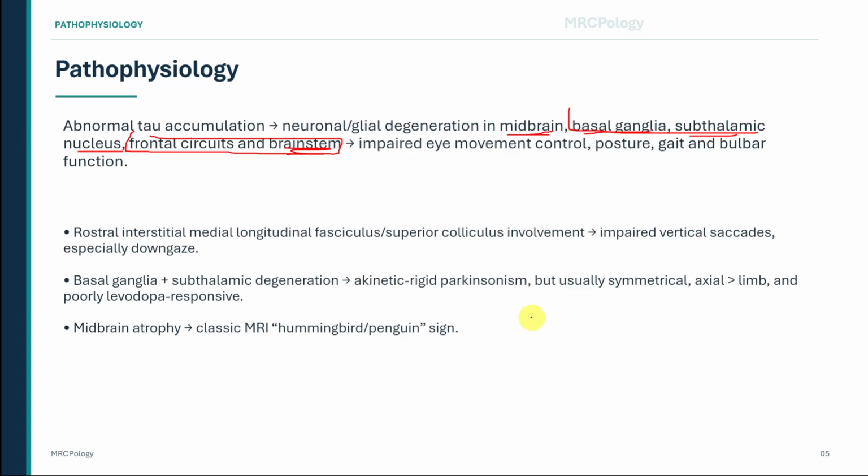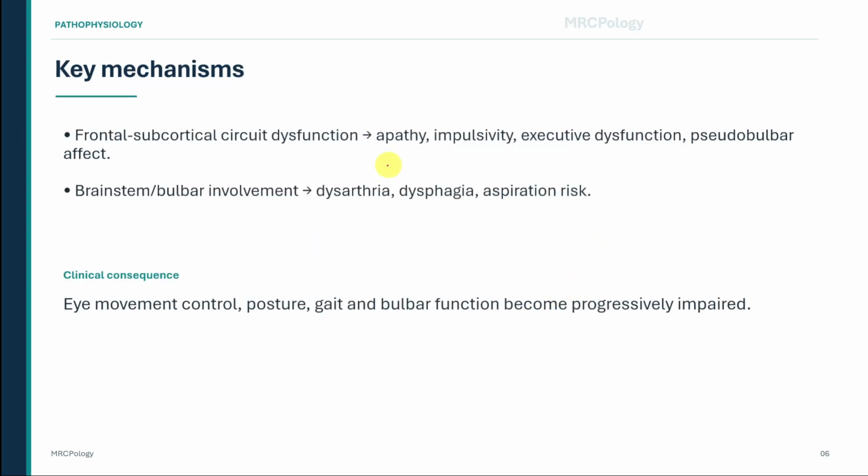The Parkinsonism in PSP is usually symmetrical and axial. That means the neck, trunk, and proximal body are affected more than the limbs. This is different from typical Parkinson disease, where symptoms often start asymmetrically in one limb with resting tremor, bradykinesia, and rigidity. Now let us compare PSP with Parkinson disease carefully, because this is a common exam trap.